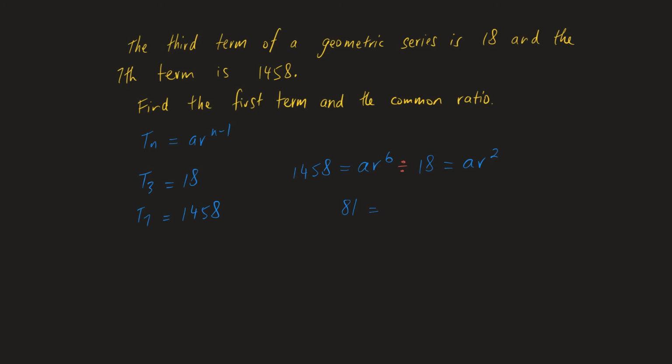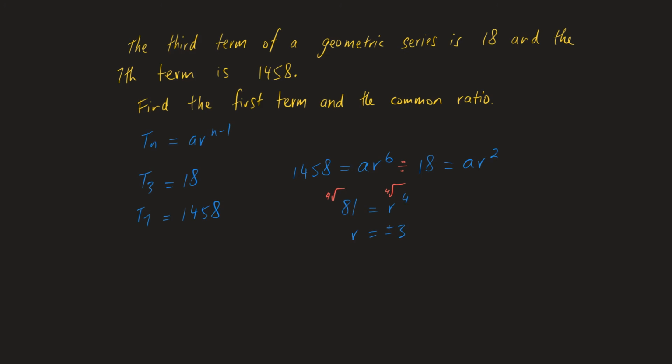The A's are going to cancel, and R to the power of 6 divided by R squared is going to be R to the power of 4. Now, if I take the fourth root of both sides, R is going to equal plus or minus 3.